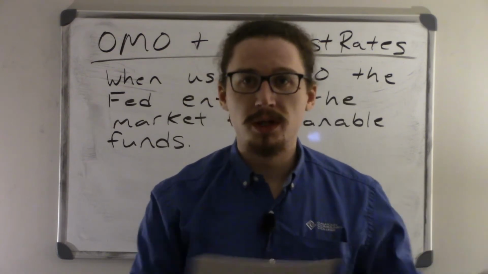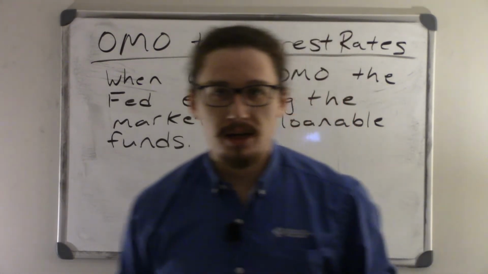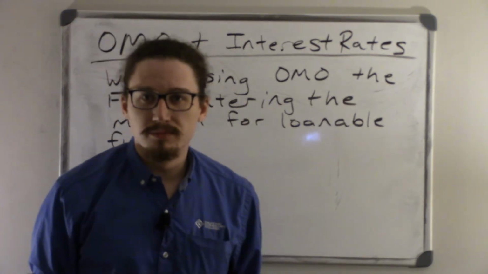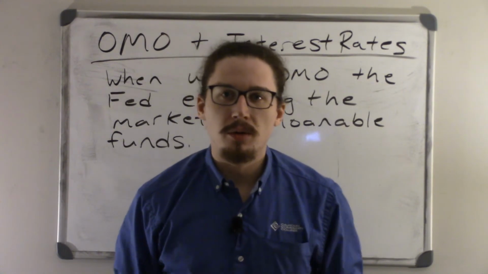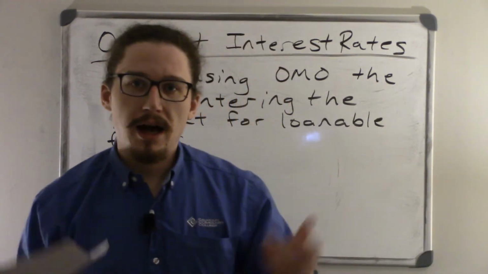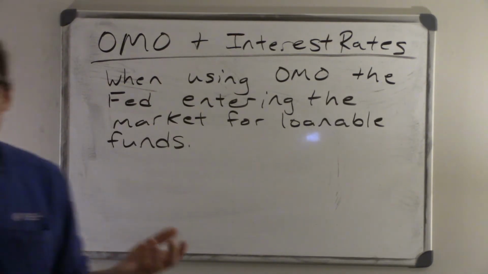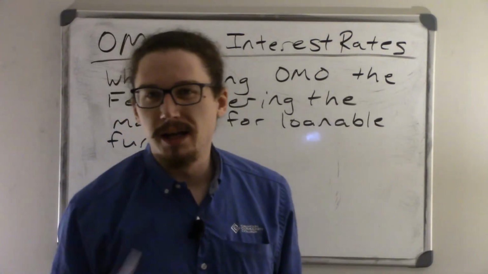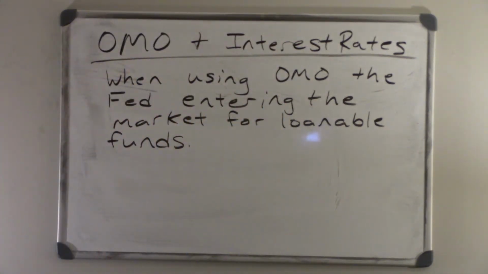Like people just have money lying around and they're willing to lend it to somebody at some interest rate for however long. Probably most of us know how loans work, right? And there is at any given time a finite amount of these loanable funds, right?